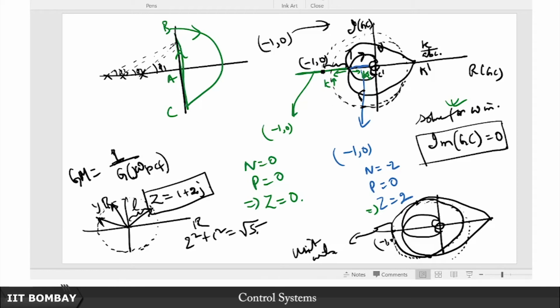So now you see what is the notion of phase margin in view of this revelation. If by some means I were to rotate this Nyquist plot, I am not talking about changing the magnitude, a pure rotation of this.